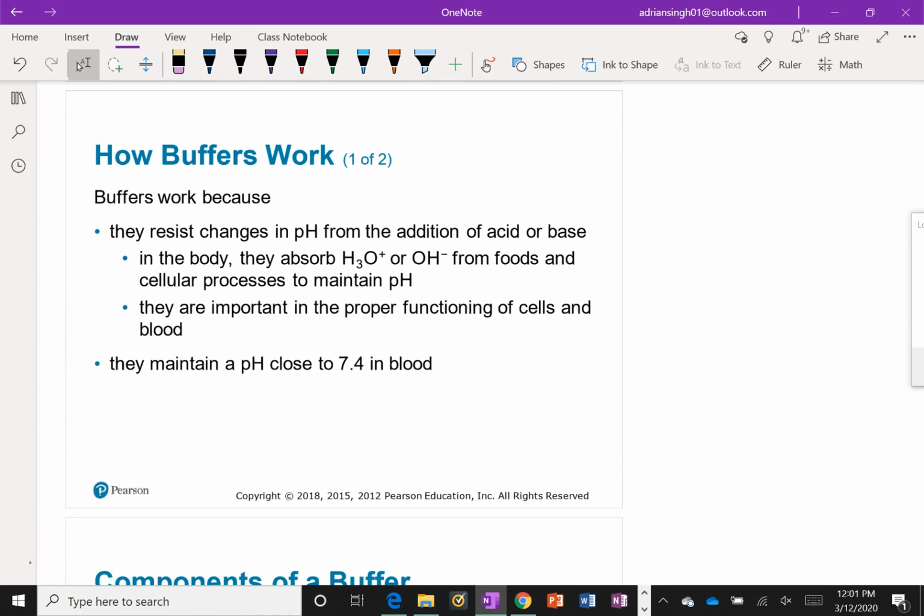You find them all over the place. They're found in some of the foods and drinks that you take on a regular basis, but more importantly, they are found in the blood, where they help maintain the pH close to the optimal pH for the blood, which is around 7.4. Right? So if you remember from class, the pH of the blood is not neutral. It's not 7, right? It's actually slightly basic.